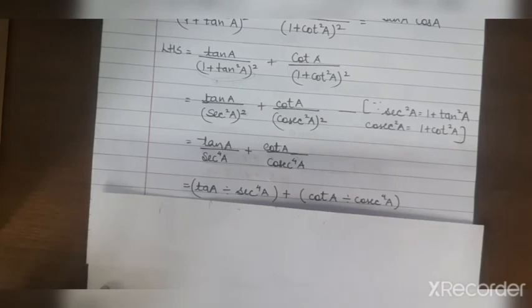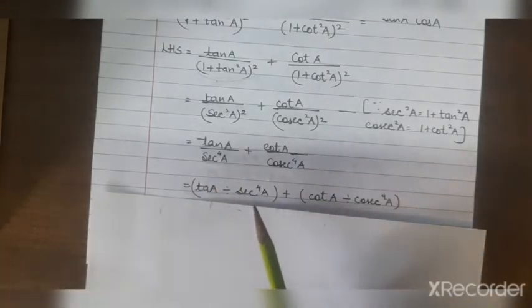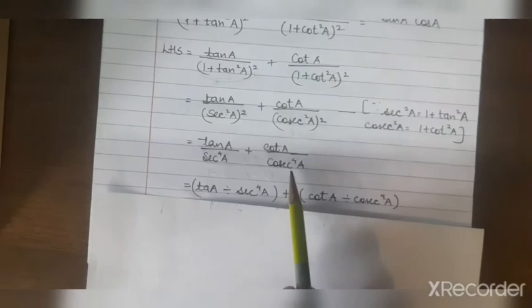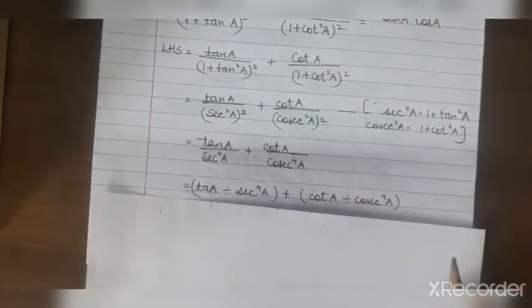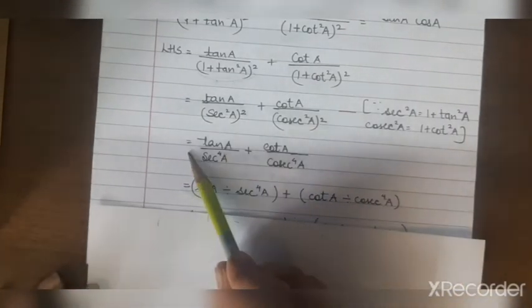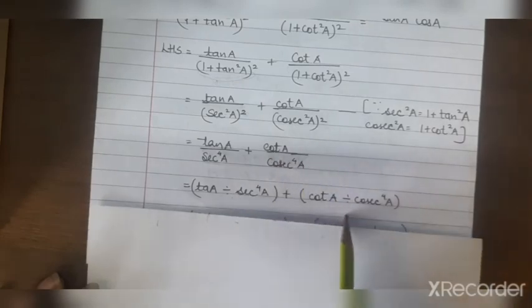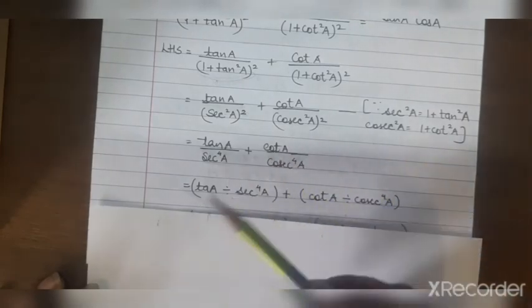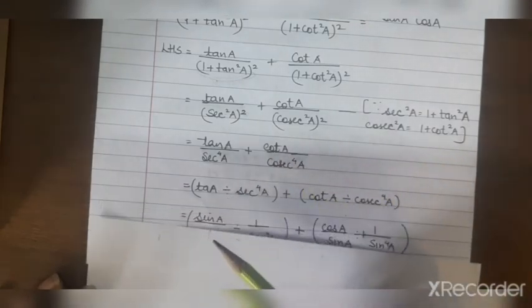Now sec A is nothing but 1 upon cos and cosec is nothing but 1 upon sine. So sec A can be converted to 1 upon cos and cosec can be converted to 1 upon sine. But before that, see, this is a division. They have put a division here, and then we have to convert this to multiplication.